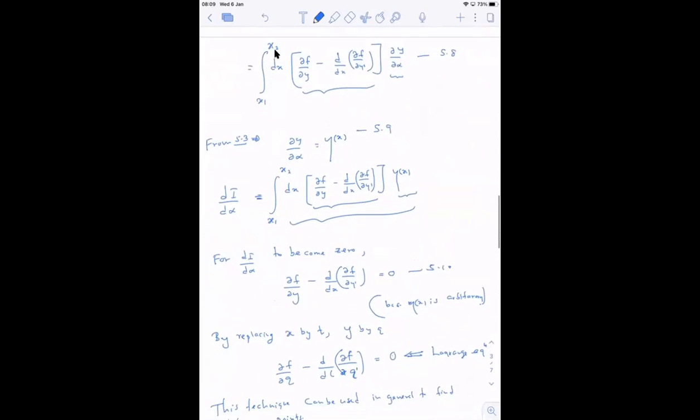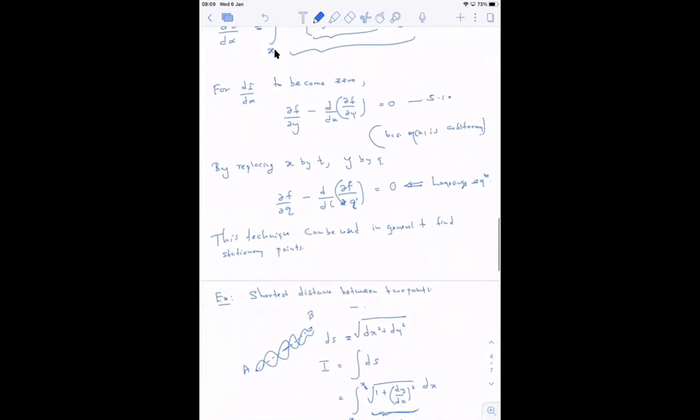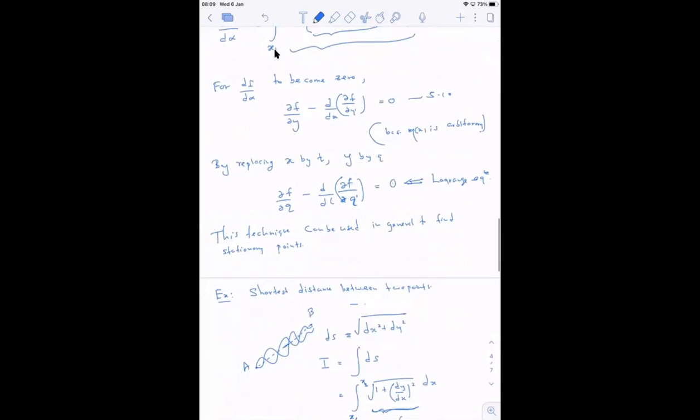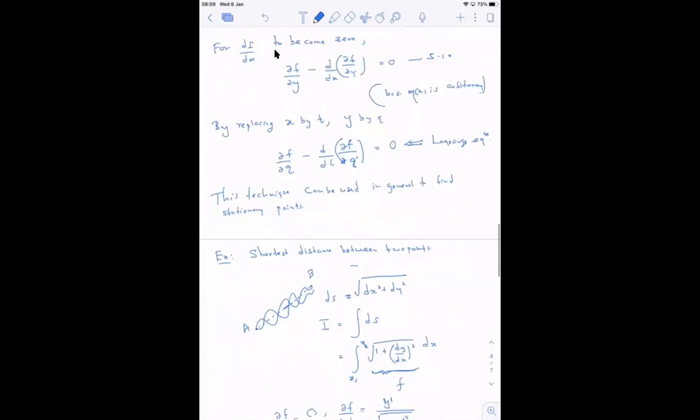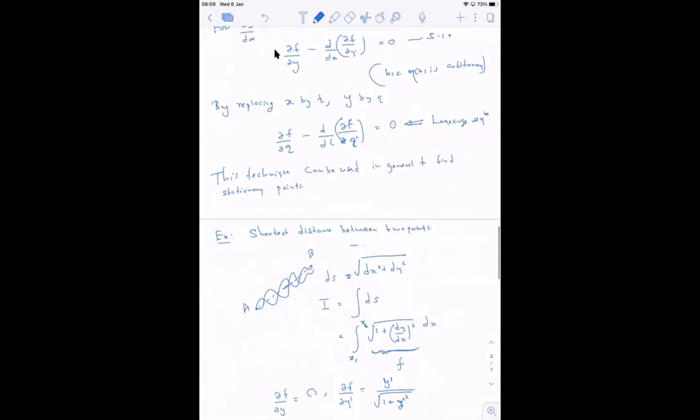And then we solved a simple example just to explain this method, which is actually not related to classical mechanics.